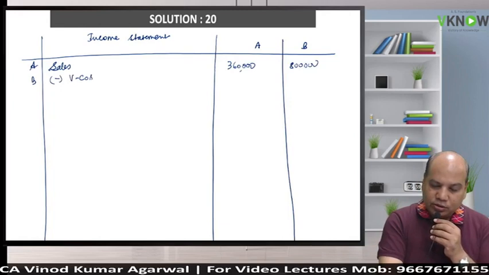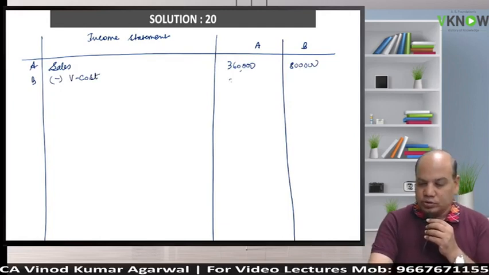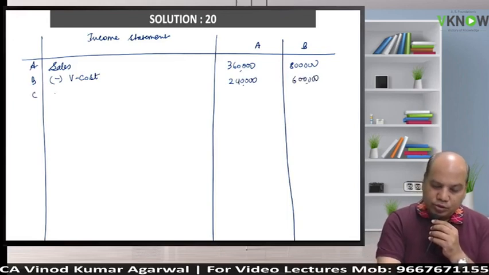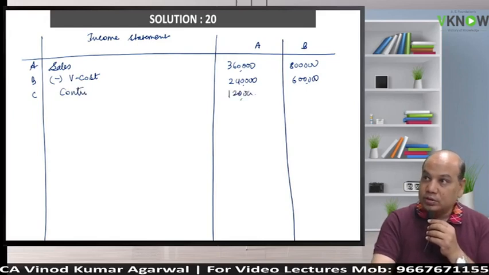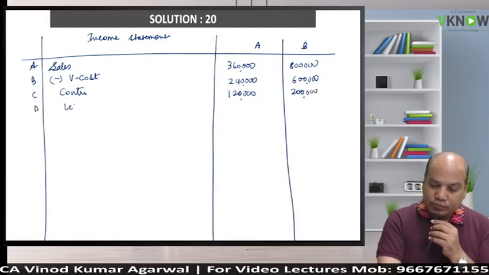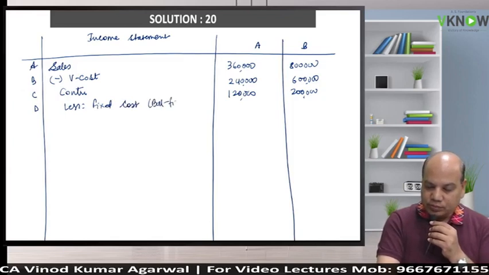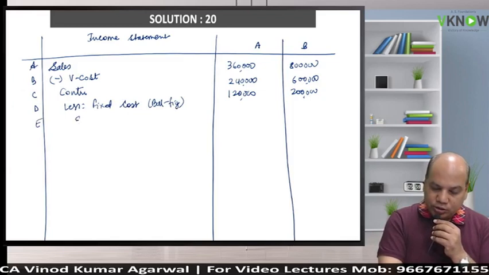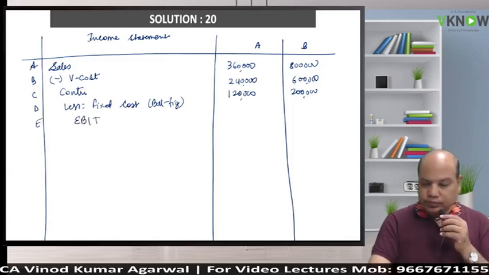Less variable cost, 66 2/3%, 2,40,000 and 6 lakh. Contribution we have computed, 1,20,000 and 2 lakh. Point number D, less fixed cost, EBIT balancing figure. And point E, write down EBIT, which we have computed, 30, 40.